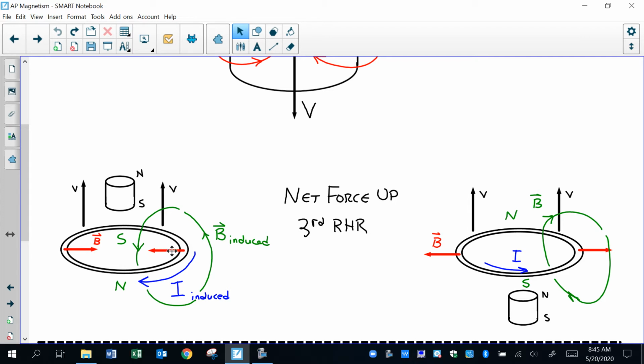As it gets stronger and stronger, I get a change in flux, an increase in my flux. And what's going to happen is we're going to get a current that is induced. The induced current, as it goes around, and you can do your right hand rule to figure it out, is going to have its own induced magnetic field that I've drawn in green.